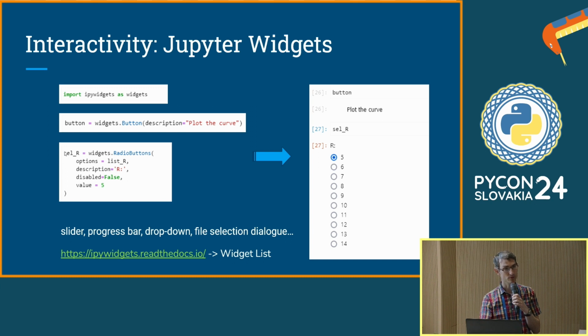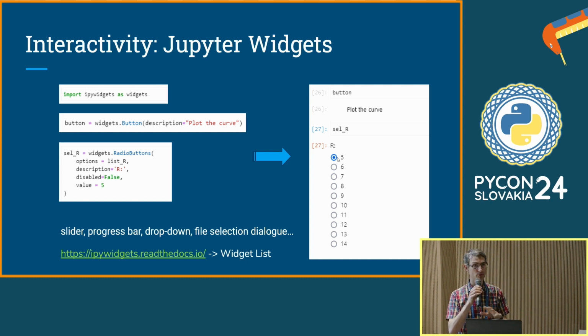I'm saving it into an object called cell R, like select the capital R. And then later on in cell 27, I'm calling cell R, and look what it generates. It's a set of radio buttons with values 5 through 14. That's what was in the list. The description is R, and the default value is 5.